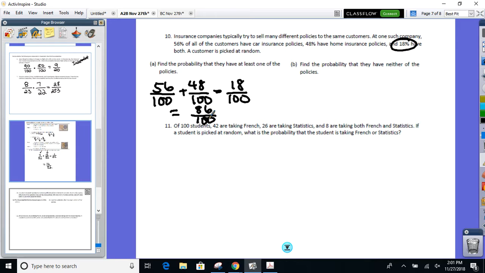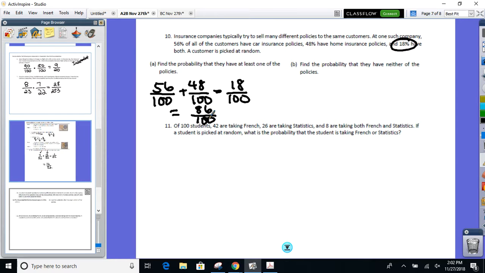And then what's the probability they have neither? So they don't have either policy. How can I use A to my advantage here? They have neither policy. If 86 out of 100 have, excuse me, have at least one, the rest of them have none, right?